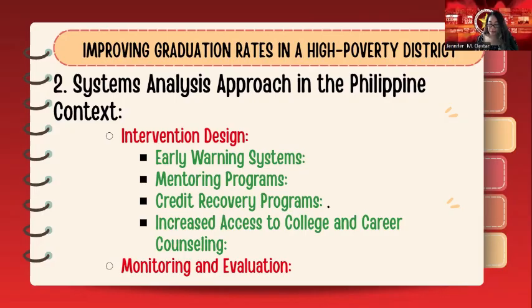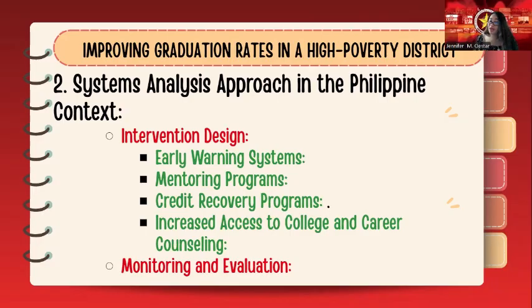Credit recovery programs can offer alternative learning pathways such as the Alternative Learning System, or the ALS, for students who have fallen behind, and increase access to college and career counseling. This could happen by providing guidance and resources to help students make informed decisions about their future.